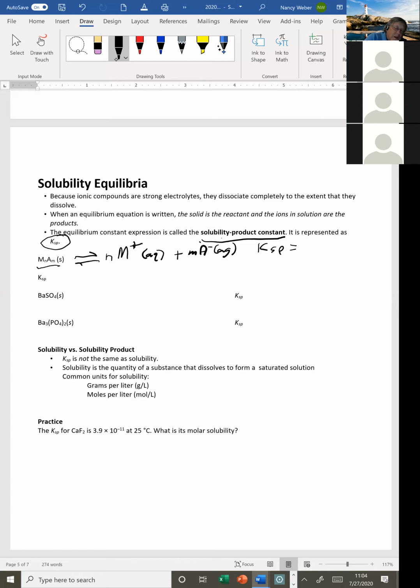The KSP is just going to have the aqueous parts, not the solid. So it's the metal ion raised to its power times the anion raised to its power.